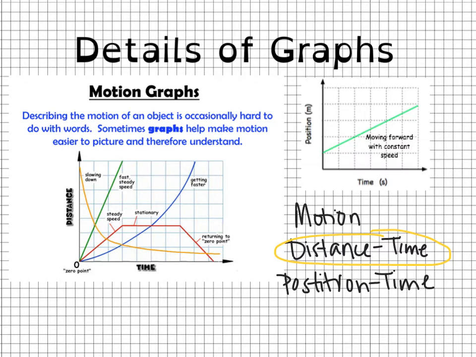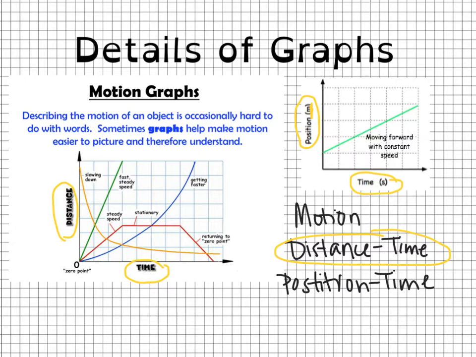It's telling us what we're seeing across the graph: we are comparing distance by time. A lot of the examples we'll look at today use position, but that is the same thing as distance. Notice they're still measuring in meters, which is our measurement for distance, and time in seconds. So please know if you hear these other names moving forward, they are talking about the same thing.